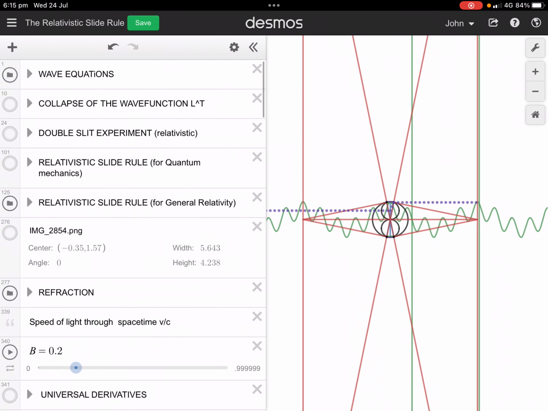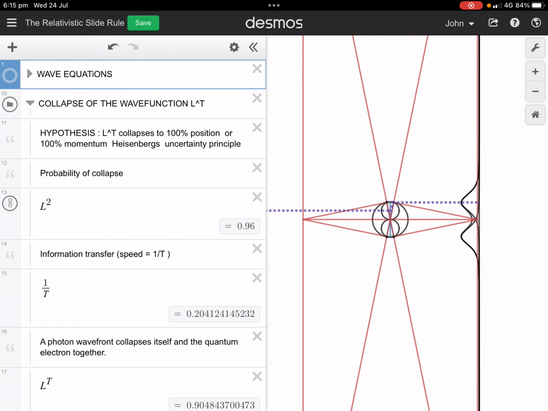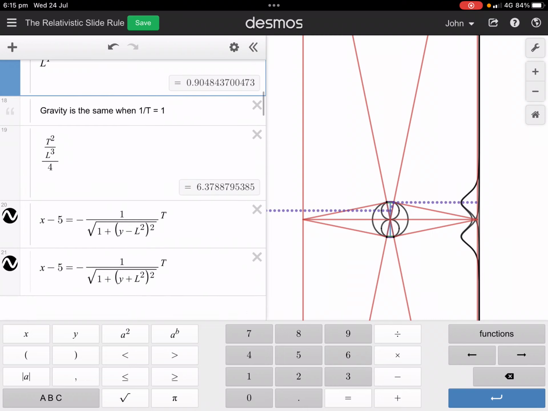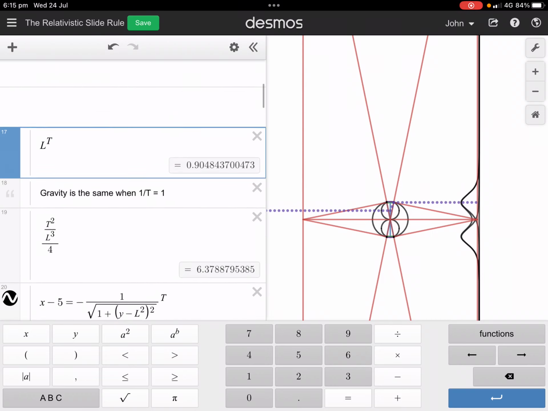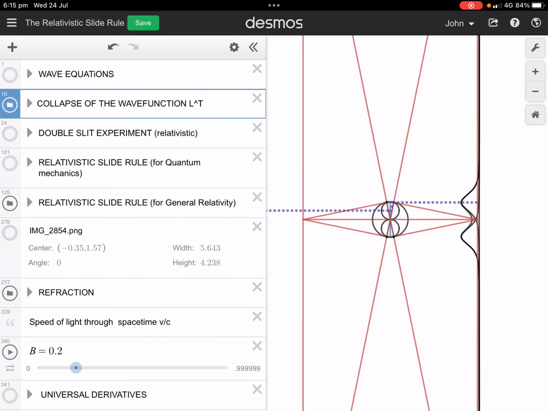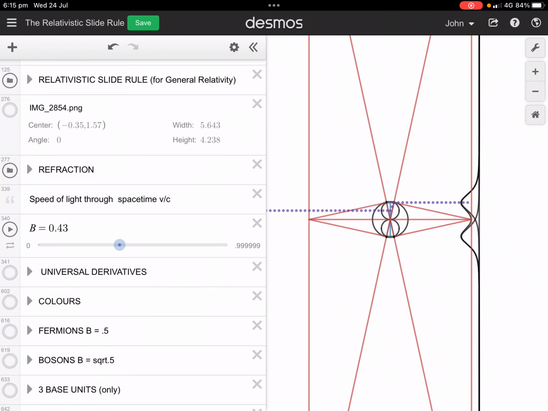Okay, but that's not working out. Then I tried putting L to the power of T, because I thought, well, I've only got an L and a T to play with, and that gives a proper probability density function.